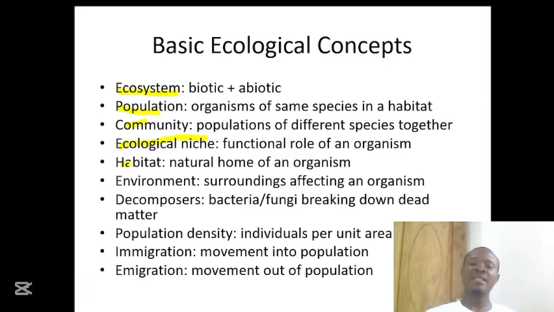Our natural habitat is land, and we call that a terrestrial habitat. In the case of fish, their natural habitat is aquatic, meaning water. Even if you see them on land, because sometimes we catch them and come with them on land, that is not their natural habitat.